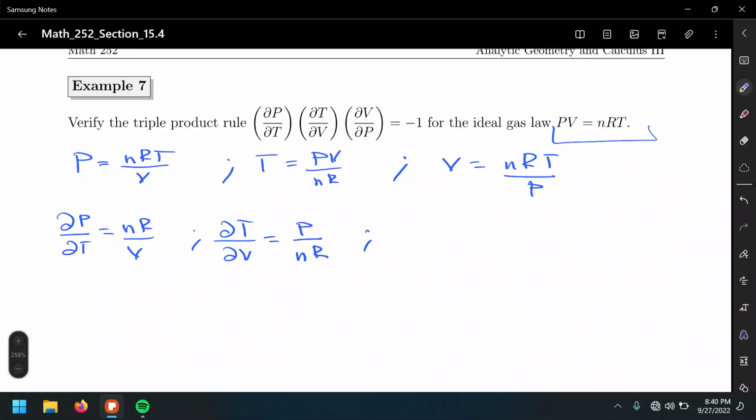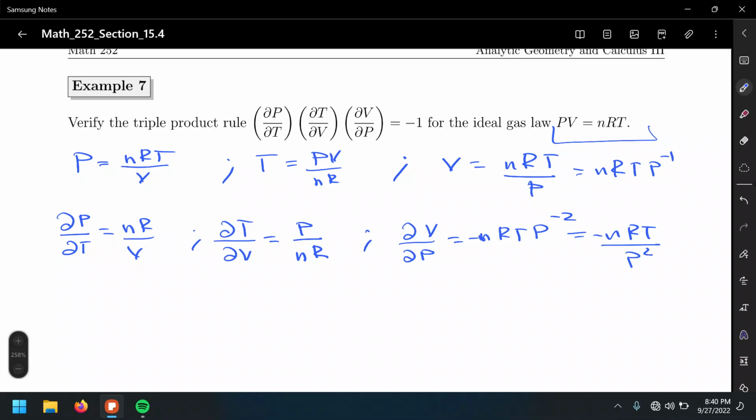To differentiate the volume with respect to pressure, we need to rewrite this formula in a way that we can differentiate with respect to P, because P is in the denominator. So partial V with respect to P equals negative nRT times P to the -2, which is negative nRT over P squared.